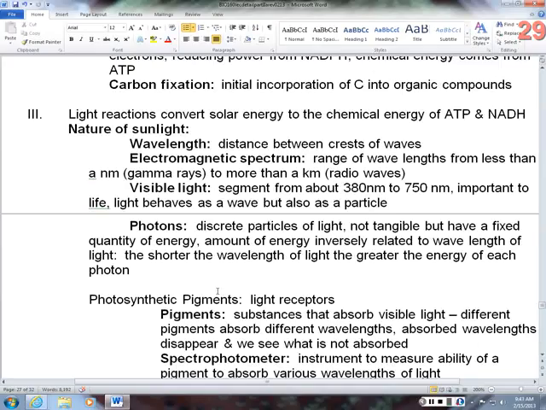The reason light gets considered to be that is you've got the theory of relativity where energy and mass are converted. So if you've got energy, it has to behave like a particle because it's a different form of mass. So the amount of energy is inversely related to the wavelength of light. The shorter the wavelength, the greater the energy of each photon.